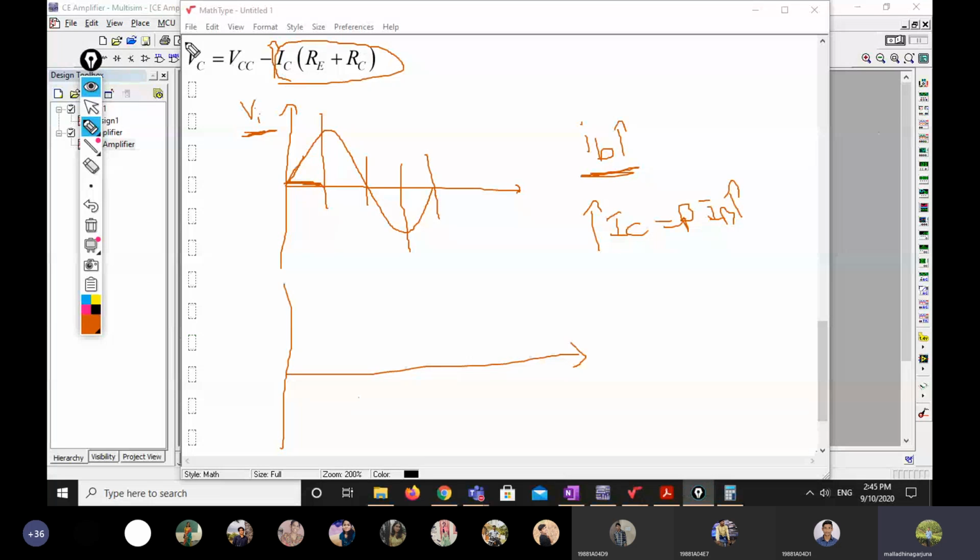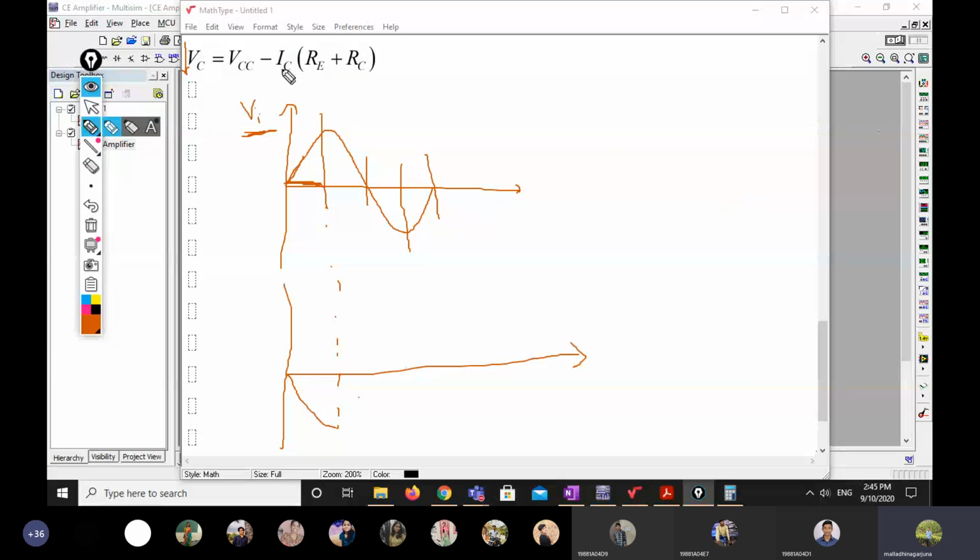What about the output voltage? This decreases. So for the same positive quarter cycle, the output will come down. In the next quarter cycle, it is coming back down to 0. The input signal is decreasing, so the input current also decreases.